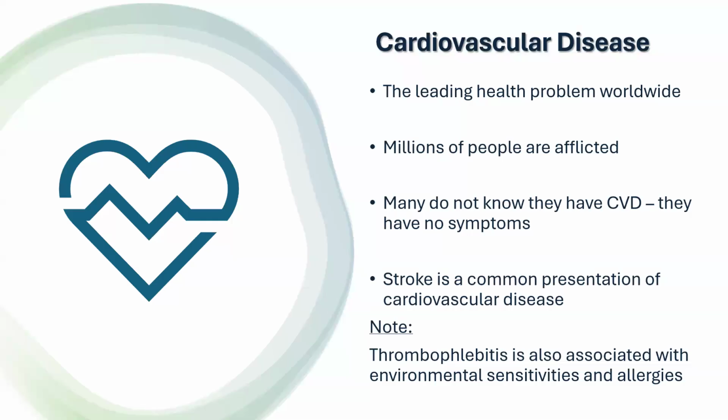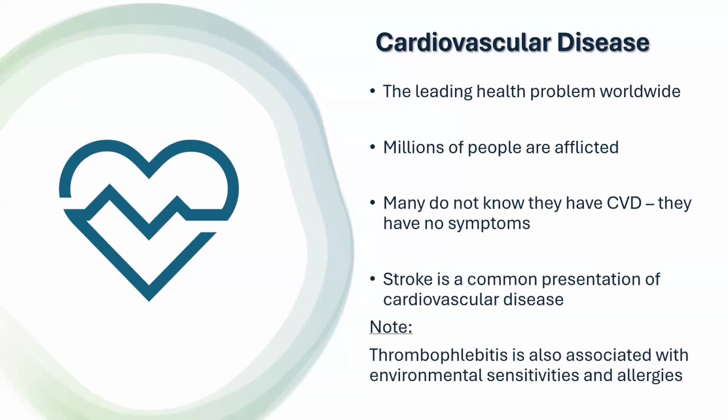And a stroke may be a common presentation of a cardiovascular disease. And when it does happen, it is actually a very serious situation because a lot of suffering happens as a result of stroke. So just note that thrombophlebitis is also associated with environmental sensitivities and allergies.